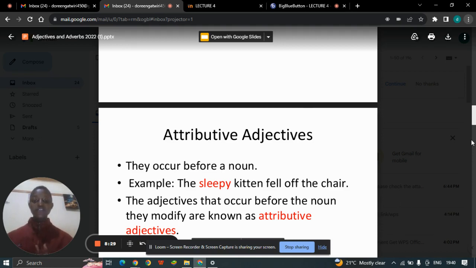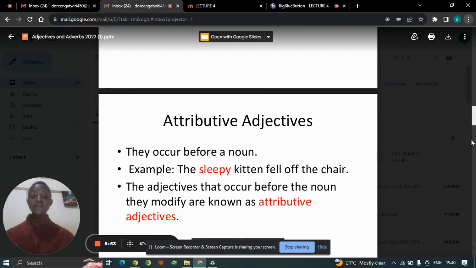For example, the sleepy kitten fell off the chair. The noun in our sentence is kitten. We have said the attributive adjective occurs before a noun. So in that case, the adjective used is sleepy, and it becomes an attributive adjective because it occurs before the noun kitten.